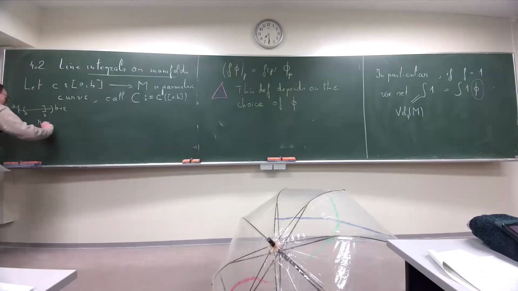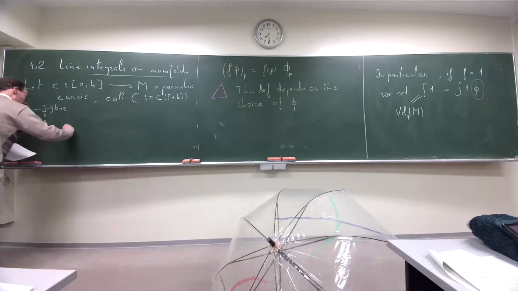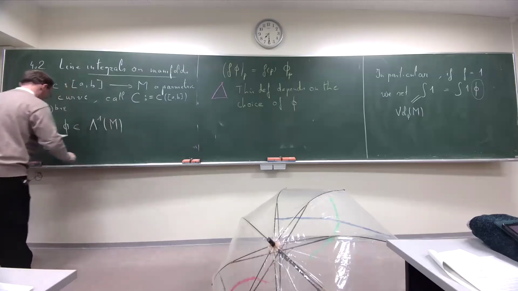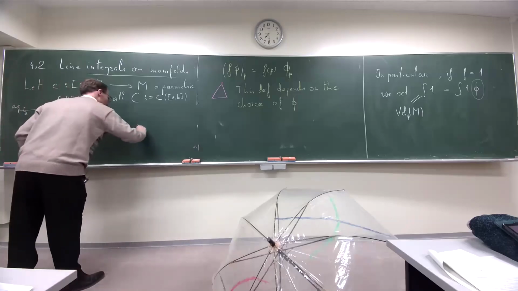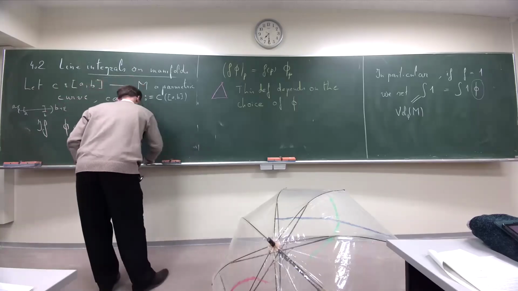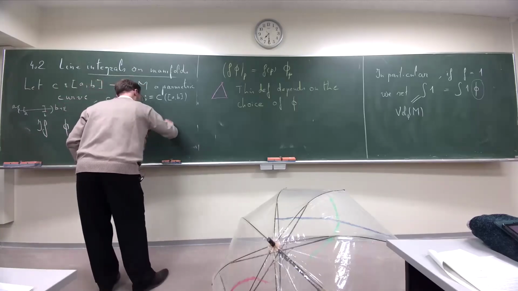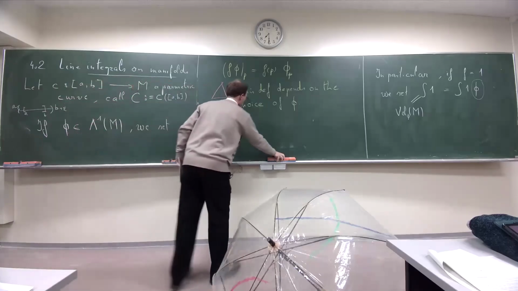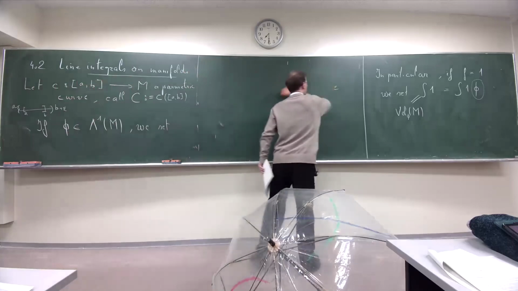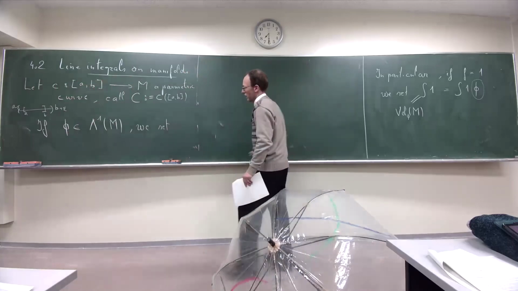Now, if you have phi in lambda 1 of M, I'm going to set, I want to define a line integral. A line integral should be of dimension 1.